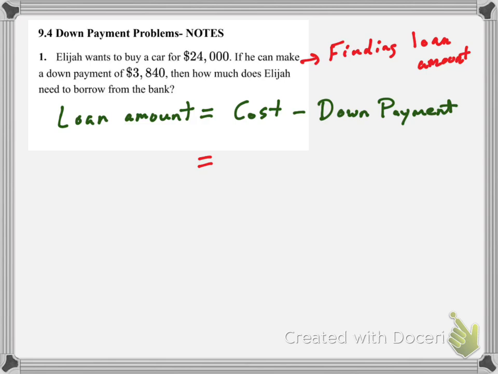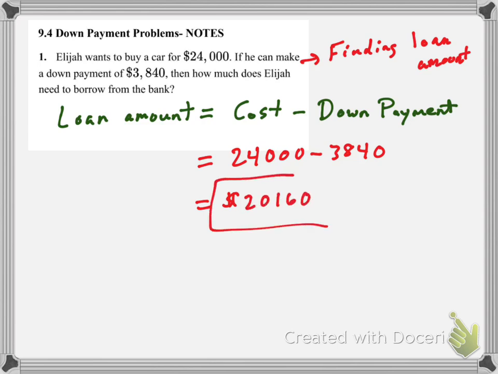So all we're doing is $24,000 minus the down payment of $3,840. Okay, so you just put that in your calculator, 24,000 minus 3,840. So you're only going to need to borrow $20,160. Okay?